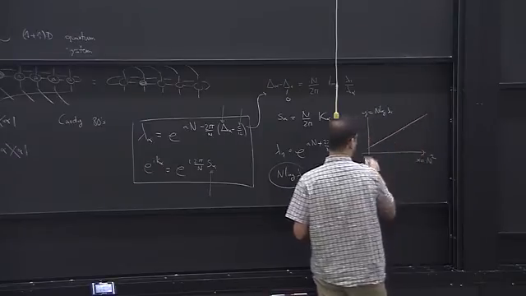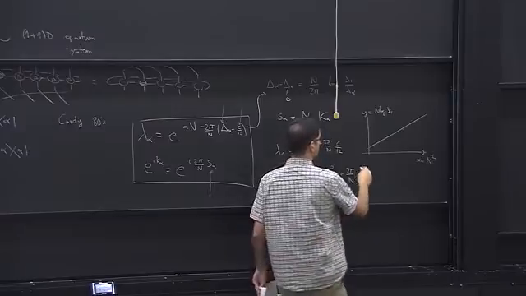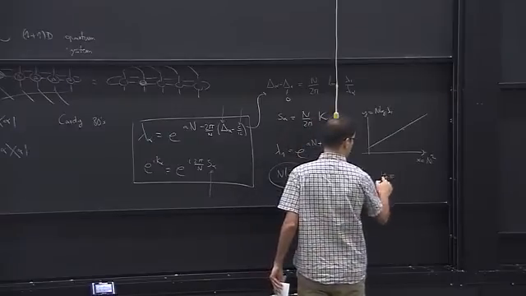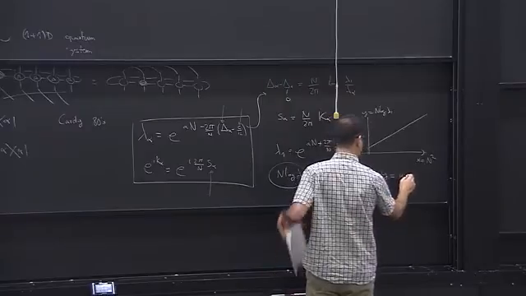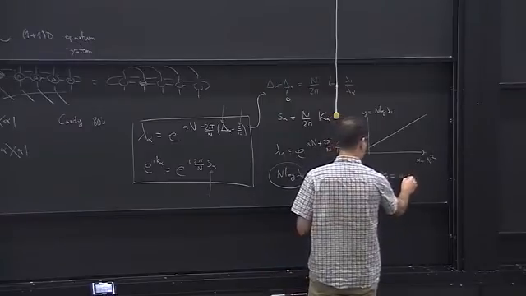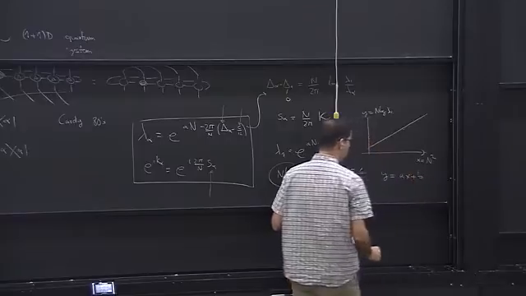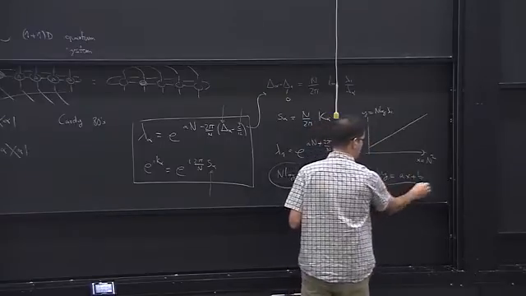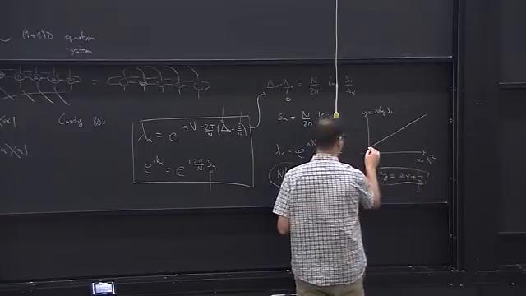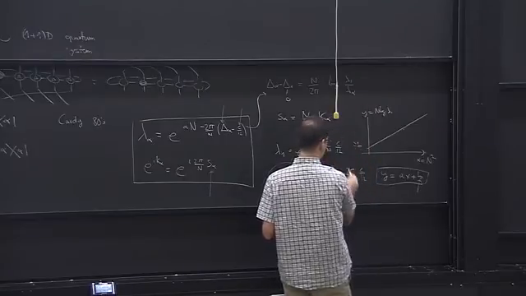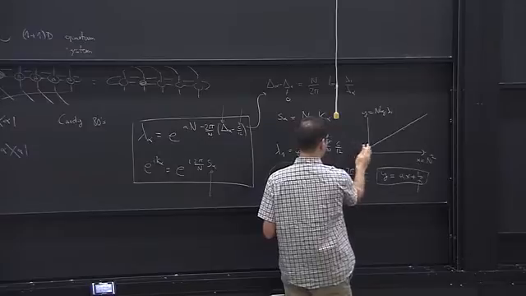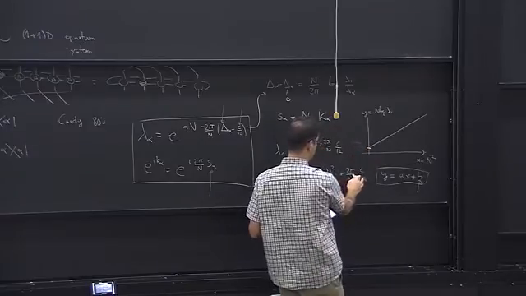And then by linear regression, we'll get an estimate y as Ax plus b. This B will give us an estimate precisely of the central charge.